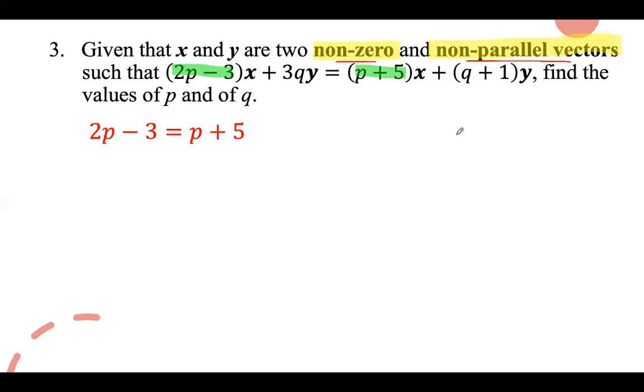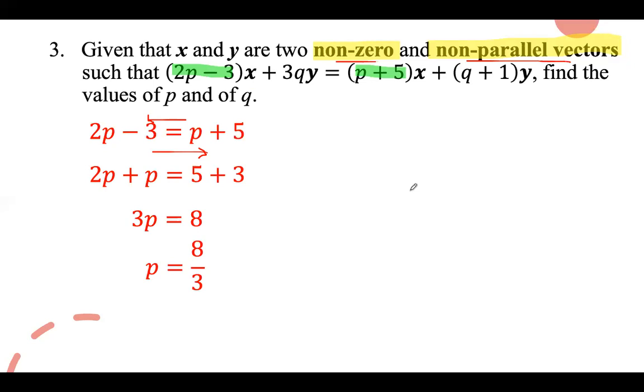So we solve it. 2p minus 3 equals p plus 5. Therefore 2p minus p equals 5 plus 3. This one is just a simple computation. So p going to the left, negative 3 going to the right, and the sign will be opposite. So you get p equals 8, hmm, 3p equals 8? Then p equals 8 over 3.